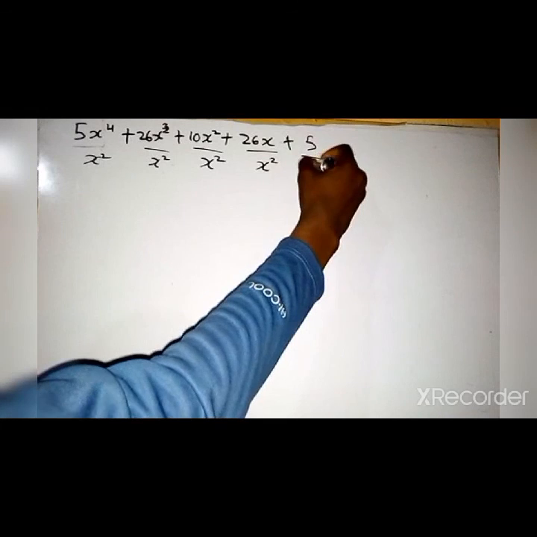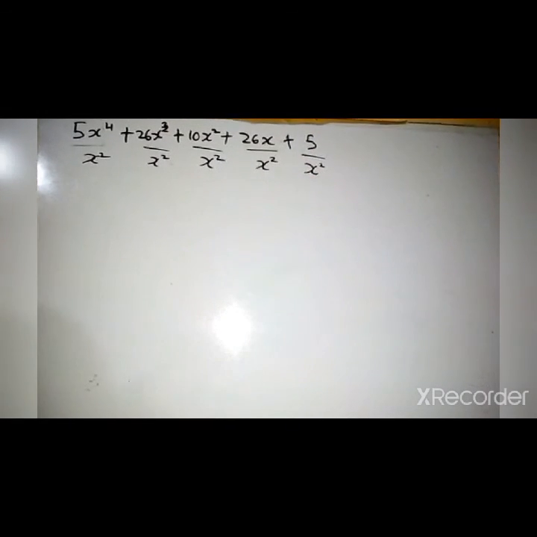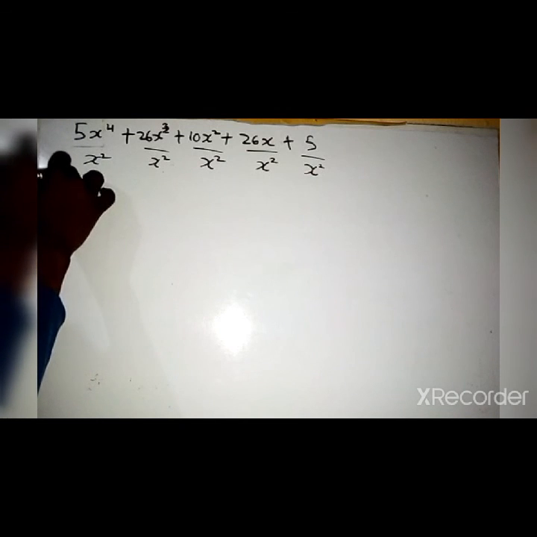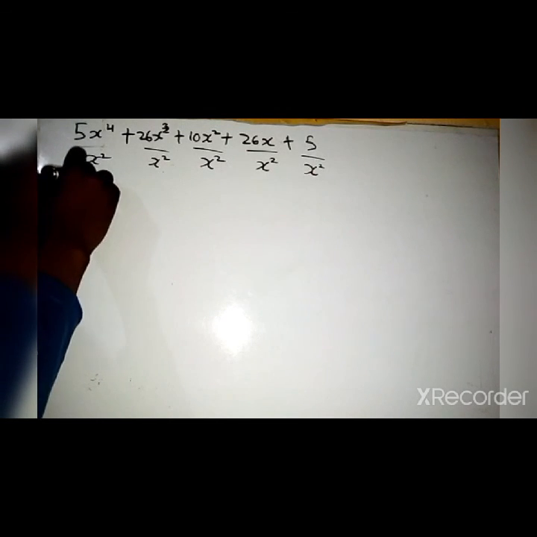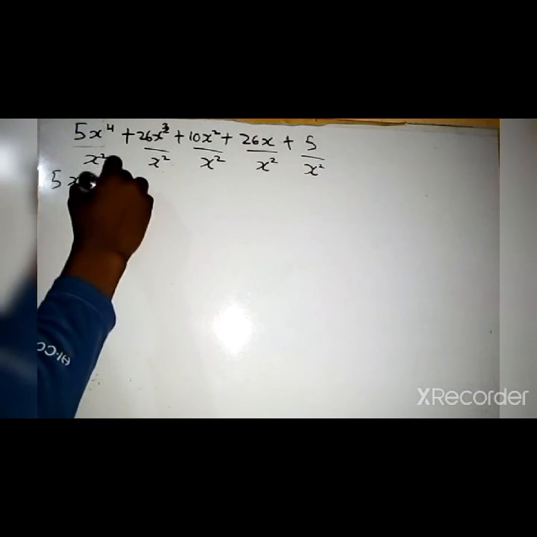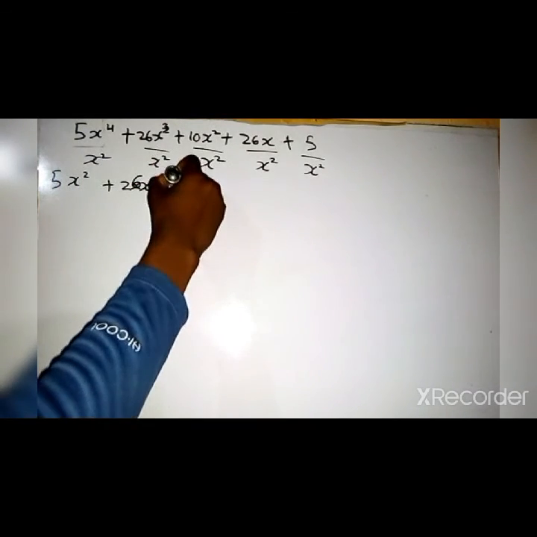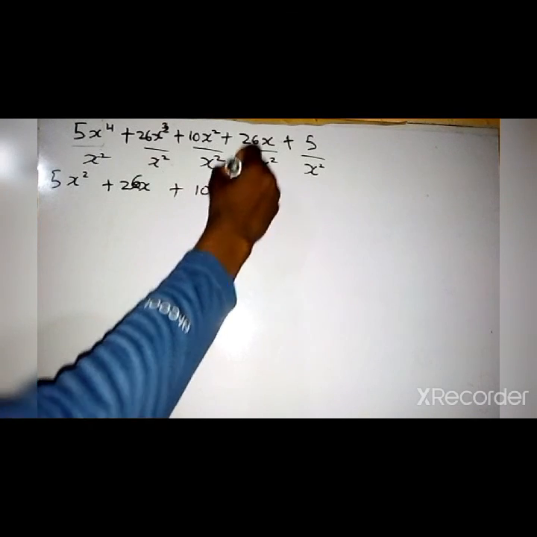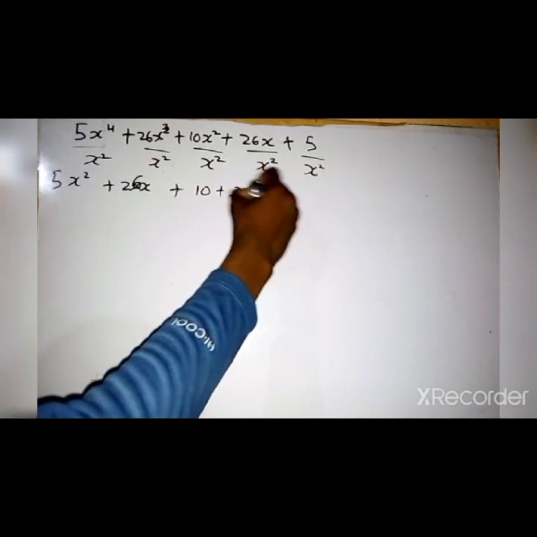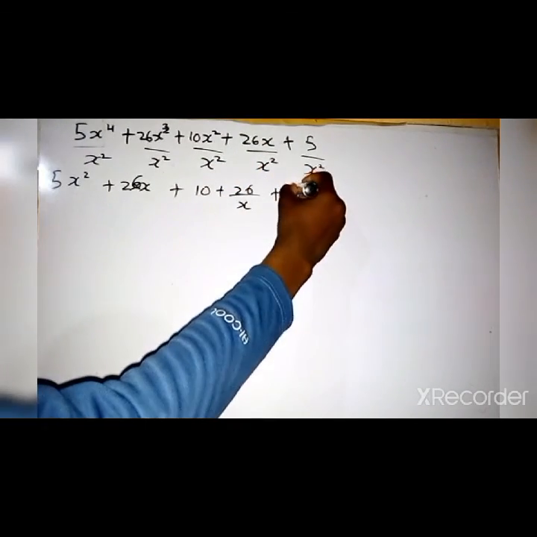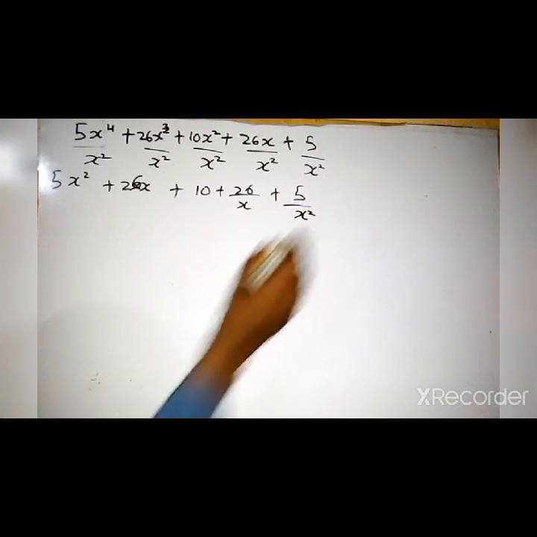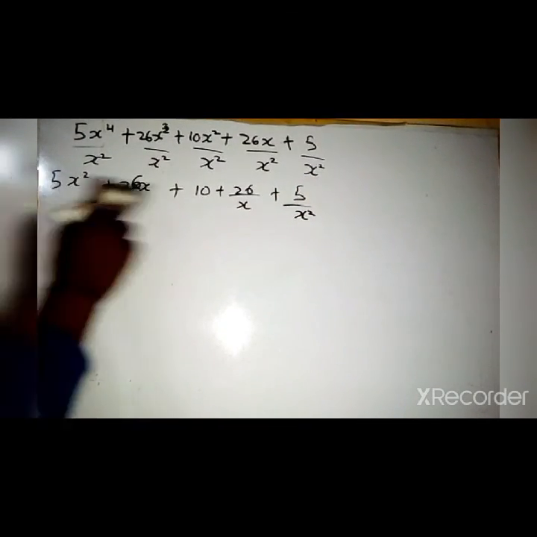So we are solving using the reciprocal approach now. So now we have 5x^2 plus 26x plus 10 plus 26 over x plus 5 over x^2. So now we can collect like terms. We have 5x^2 here, we have 5 over x^2 here.